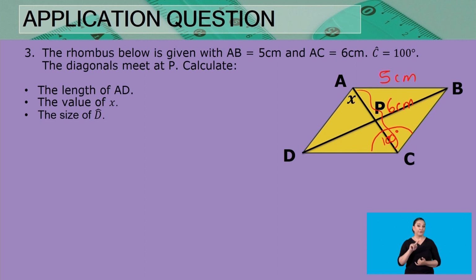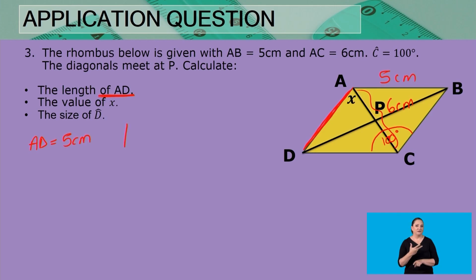So we are going to calculate firstly the length of AD. Now when we look at AD, AD is one of the sides of this rhombus. The fact that it is a rhombus, we know that all of the sides of a rhombus are equal. So we know that AD is equal to 5 centimeters. Now, why are we saying that?